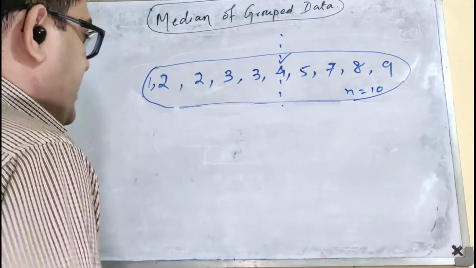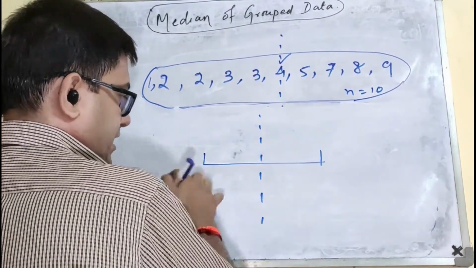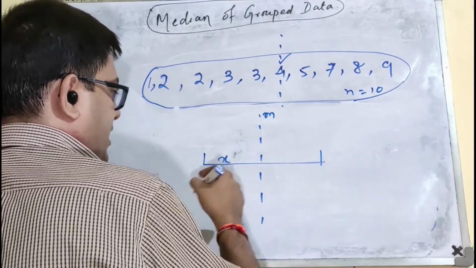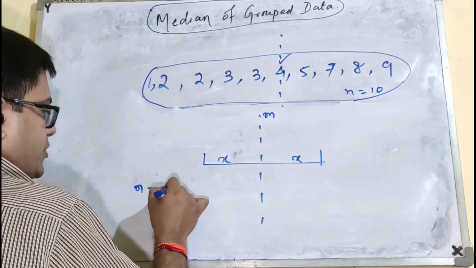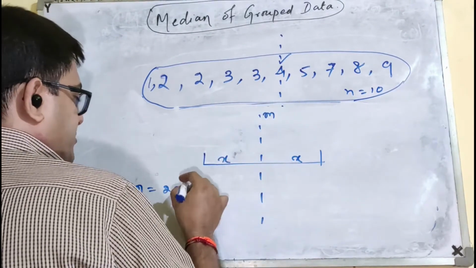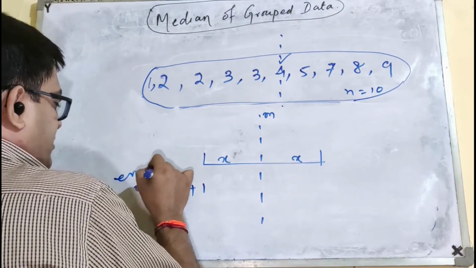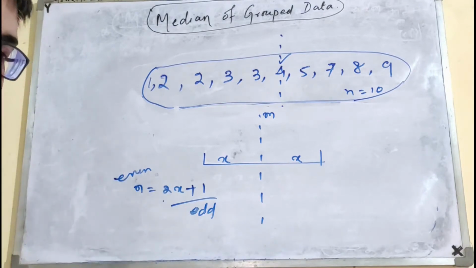Now, if we apply the same logic, that in this ordered data set this is the median mark and the bottom half will have x points and the top half will have x points, the total number of points n is going to be 2x. If this point comes as one of the data points, then 2x plus 1. So this is even, but this is certainly odd. So this equation is not valid anymore.